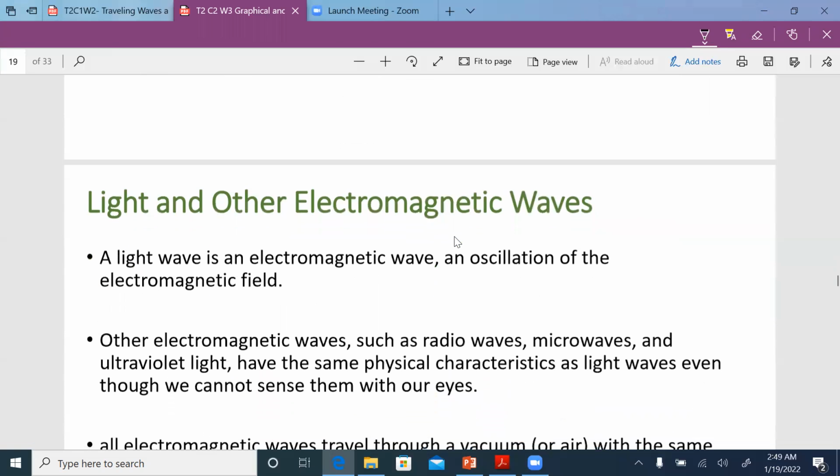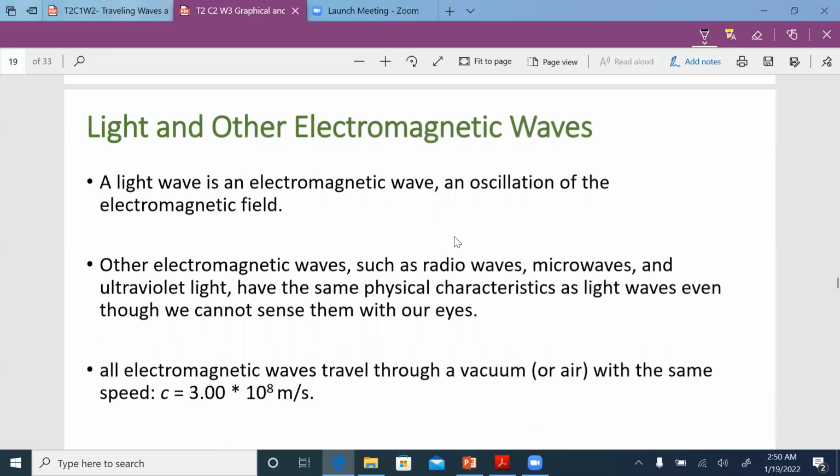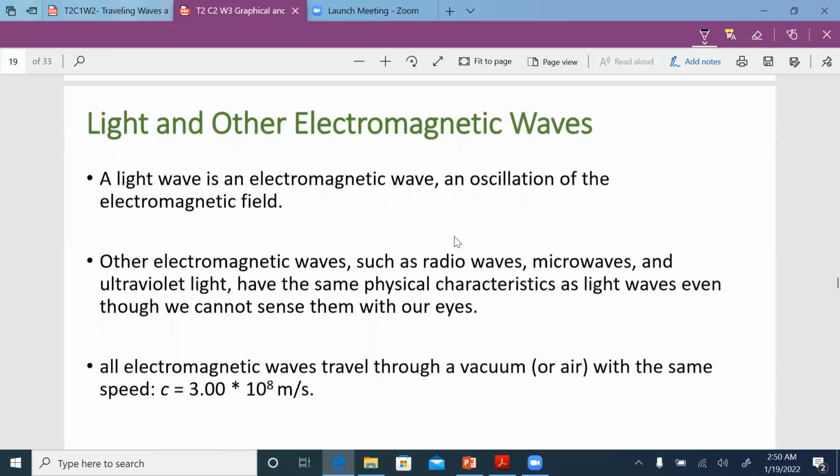All right, so the very last topic for this class is light and other electromagnetic waves. We already know a lot about how electromagnetic waves behave, but we just want to point out certain facts, one of which is that a light wave is an electromagnetic wave. And all electromagnetic waves travel with the same speed in space.